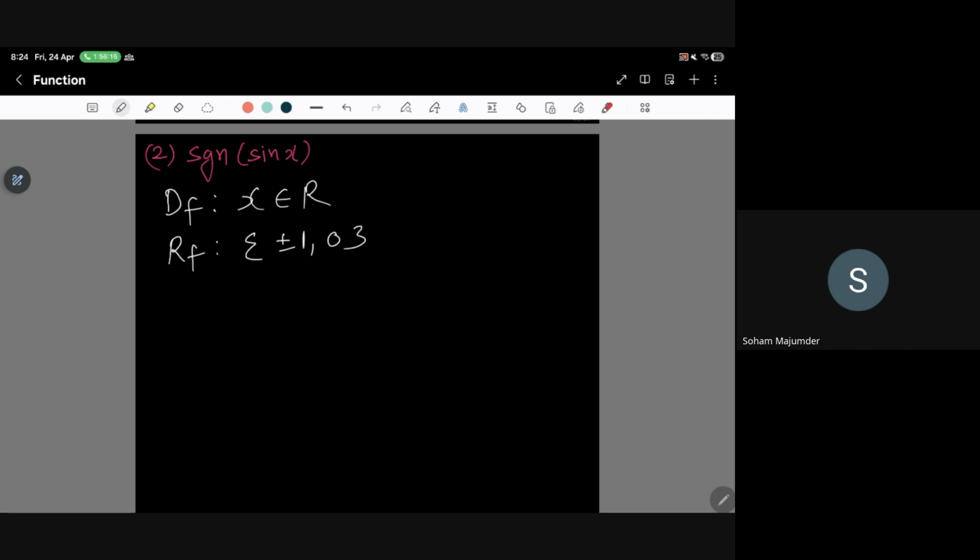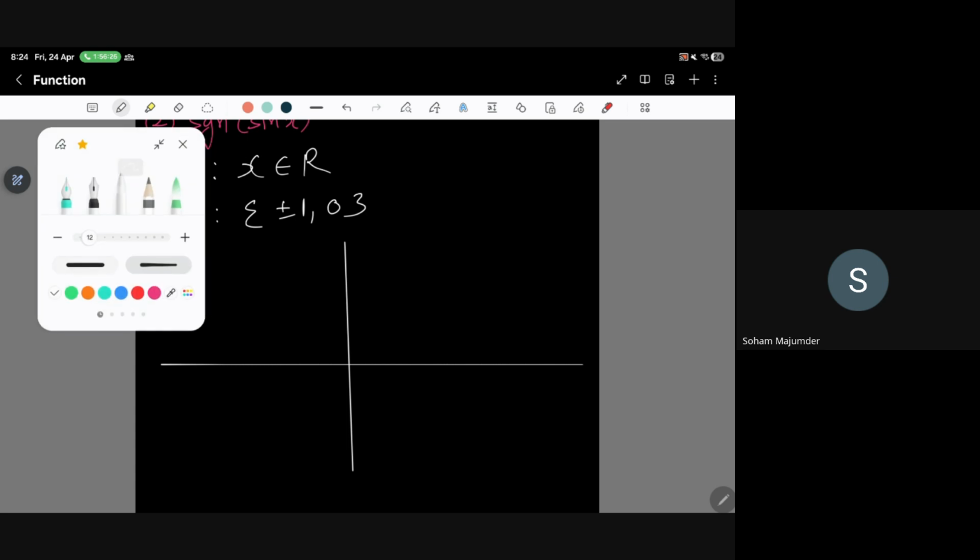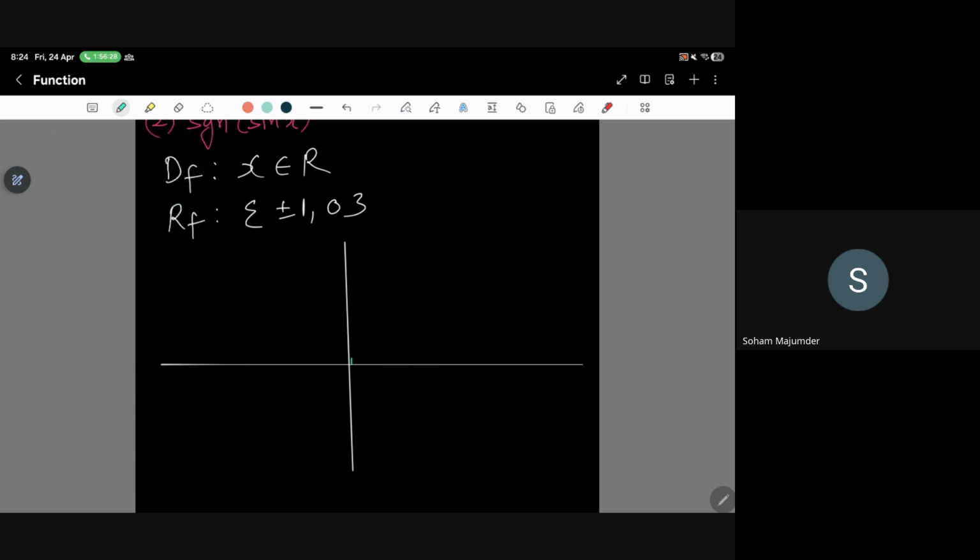Now coming to the graph of the signum of sin x. So first let's draw the graph of sin x. This is the graph of sin x.